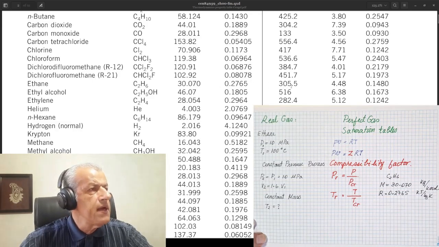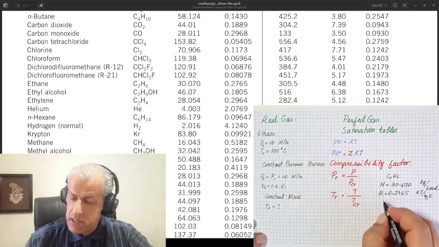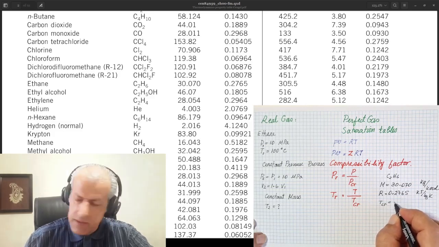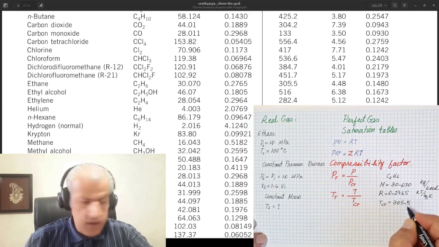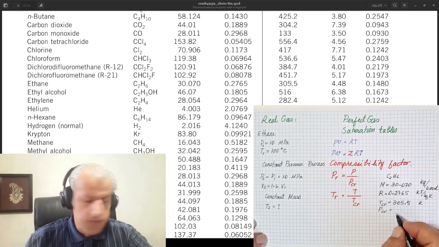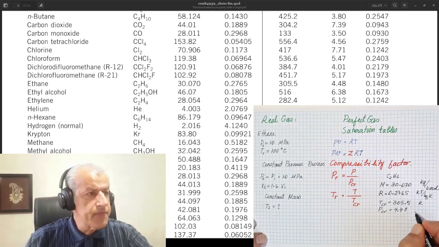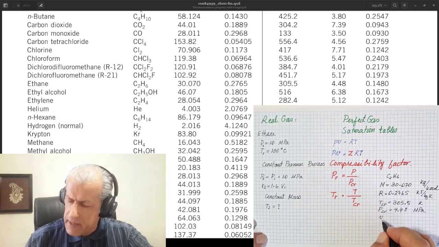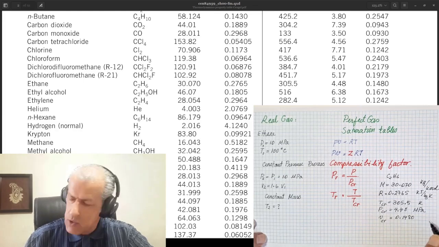Then we have the critical temperature, T critical equals 305.5 Kelvin, and P critical equals 4.48 megapascal, and finally V critical equals 0.1480 cubic meters per kilomole.